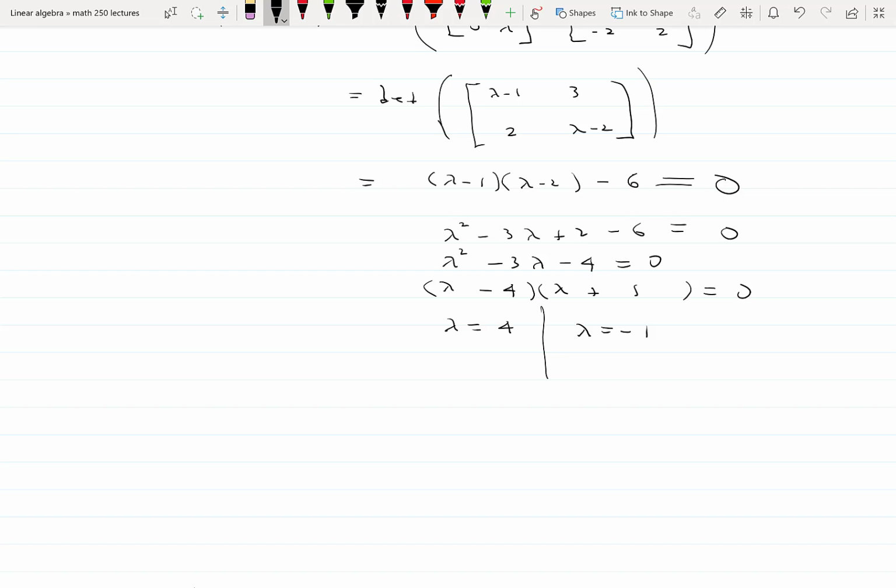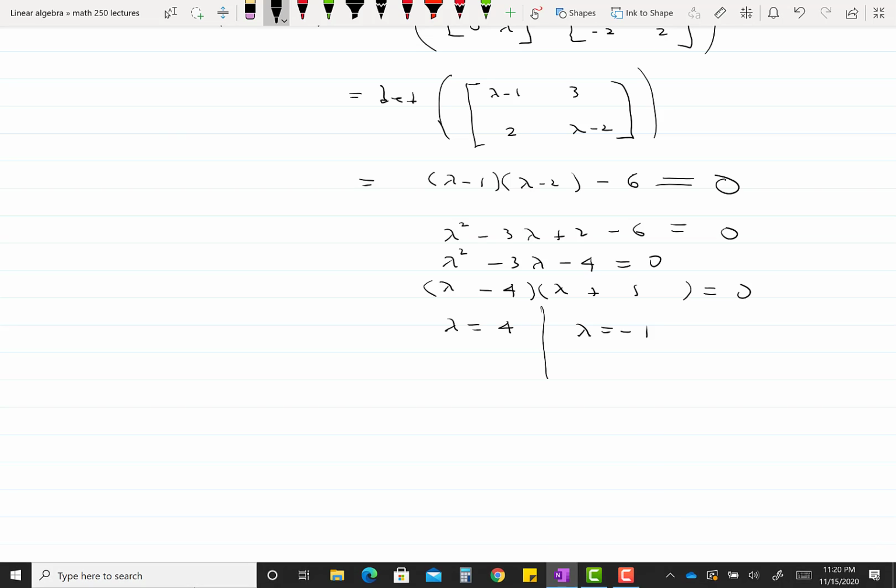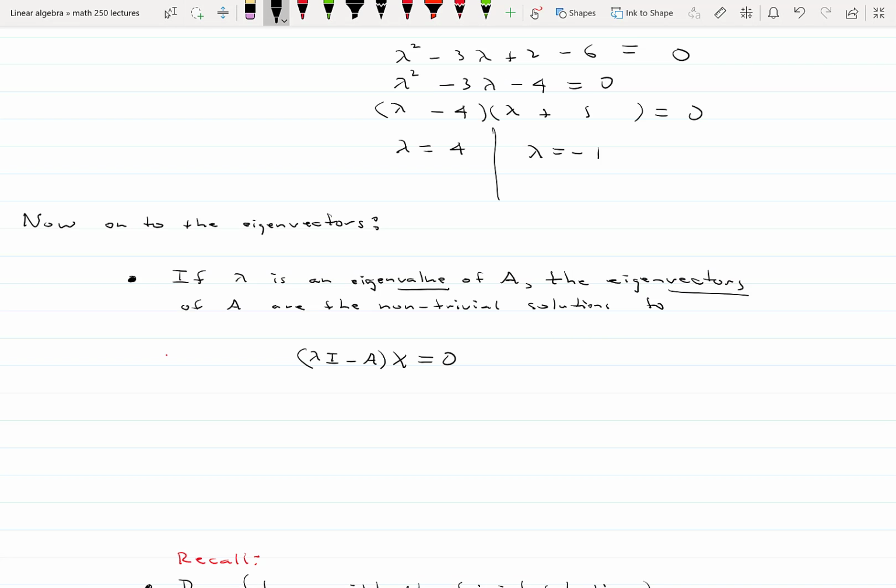So now we get the idea of how to find eigenvalues. How do we find the corresponding vectors v, the eigenvectors? Let's take a look at that. So now on to the eigenvectors.